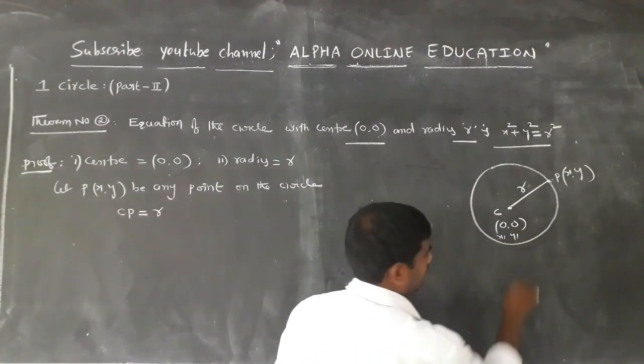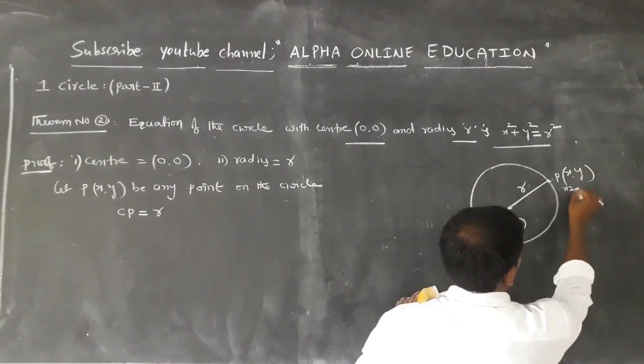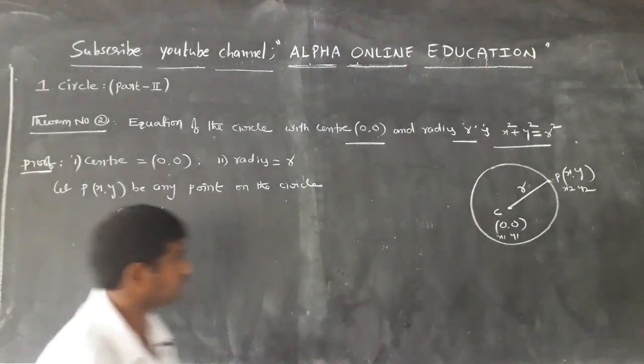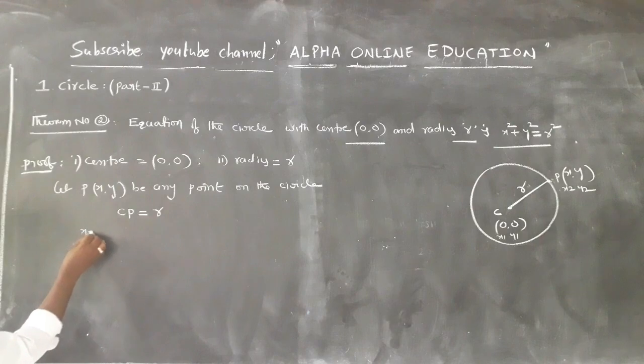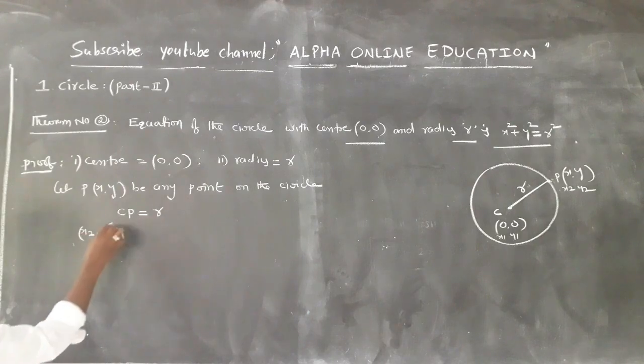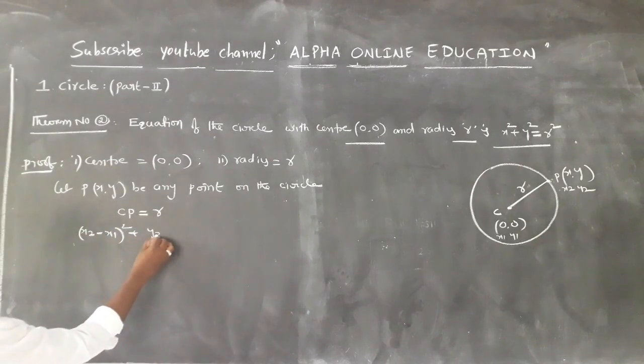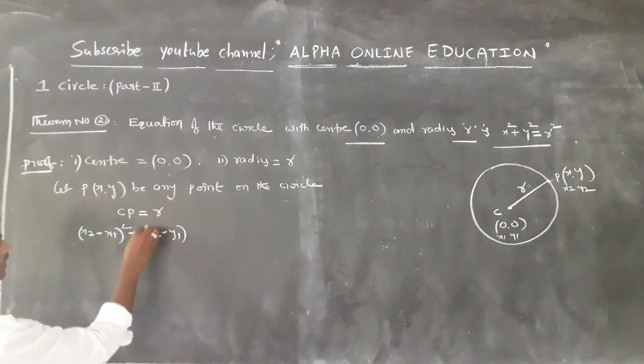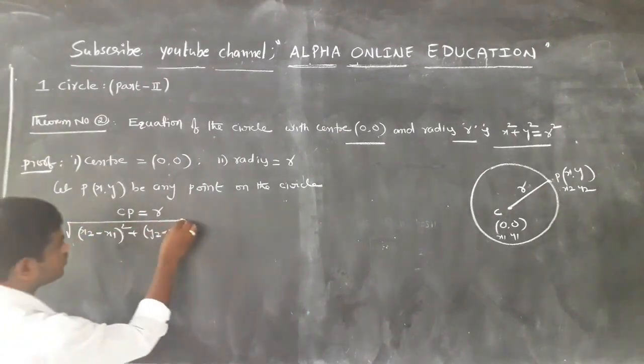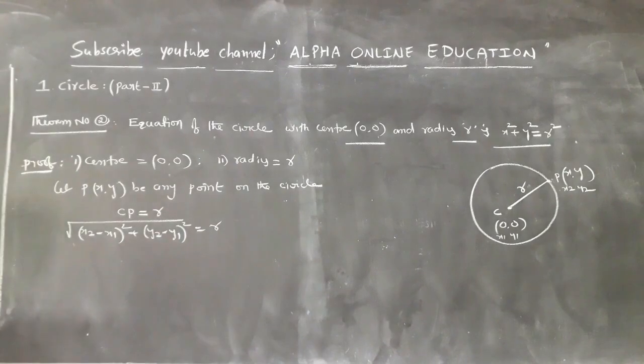That is C point (x1, y1), P point (x2, y2). The distance between the 2 points formula: under root of (x2 minus x1) whole square plus (y2 minus y1) whole square is equal to r.